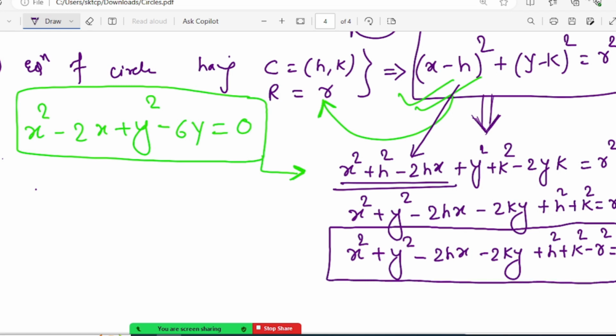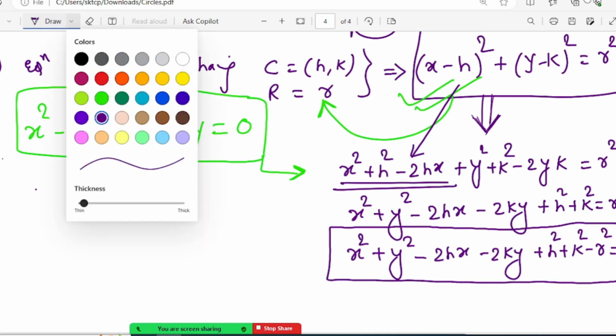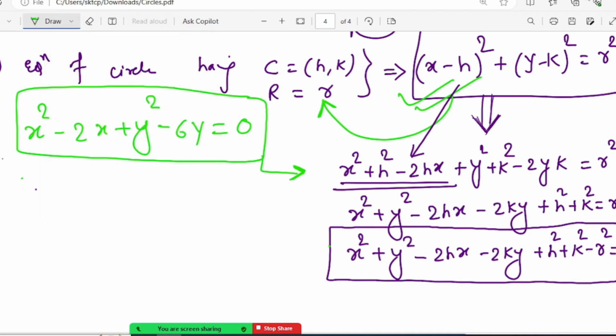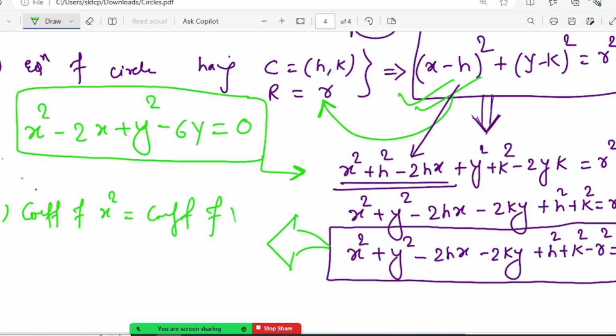Now, this is the observation. Now form the conclusion. What is the important result in this expression? For any equation to be an equation of a circle, the first condition is that the coefficient of x square should be equal to the coefficient of y square. Is it clear?